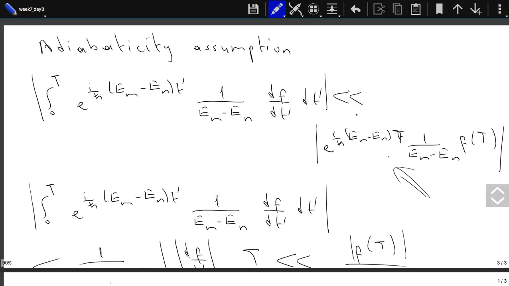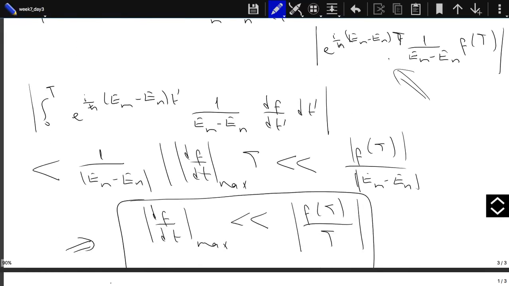Now what we want is, in fact, this just kind of gave us an idea. If we approximate the absolute value of the integral by the absolute value of the integrand multiplied by the width of the integrand, then this is not satisfied. So this upper bound on the absolute value of the integral has to be too big.